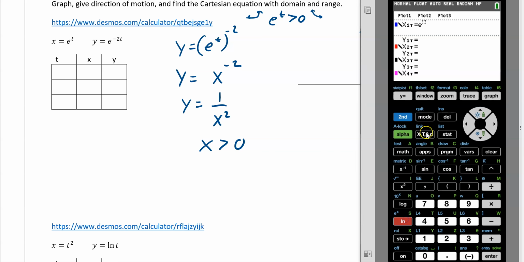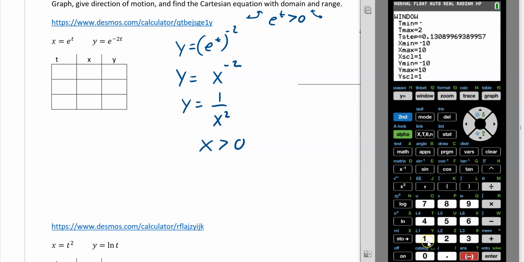So e to the t, e to the negative 2t. Now, we know that our t can be anything we want. So we're going to go to our window, and we're going to make it like negative 10 and 10. And then we're going to graph it.